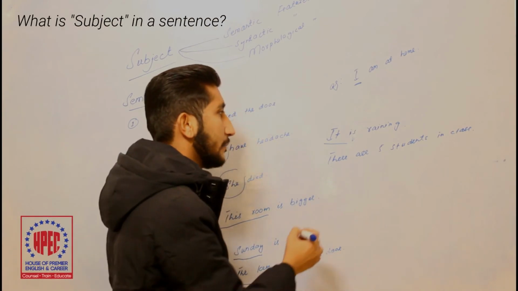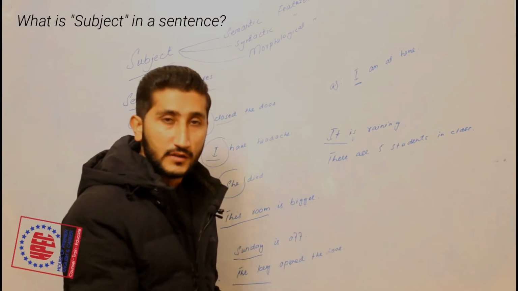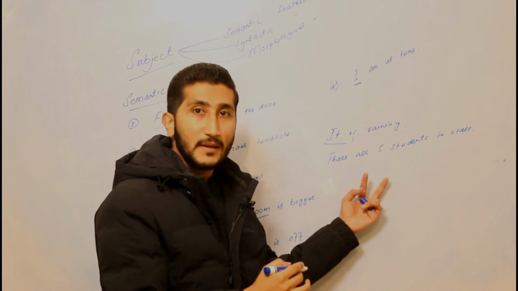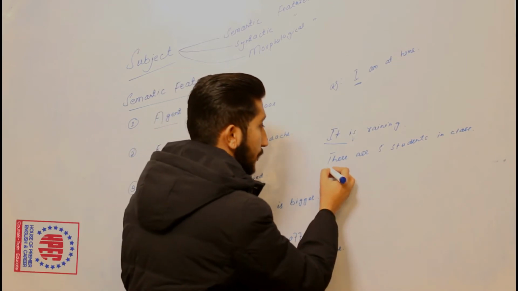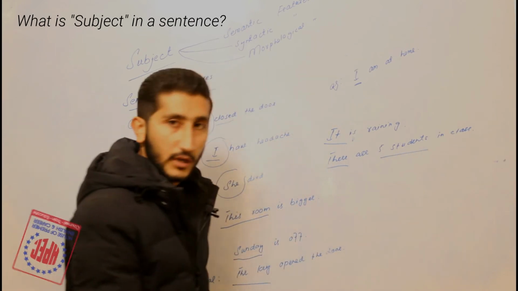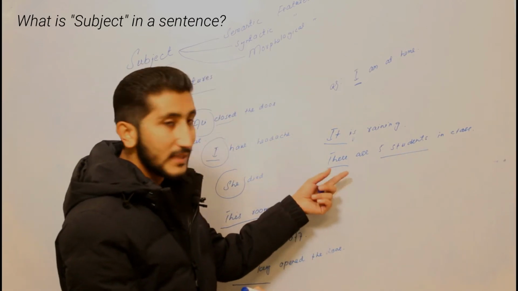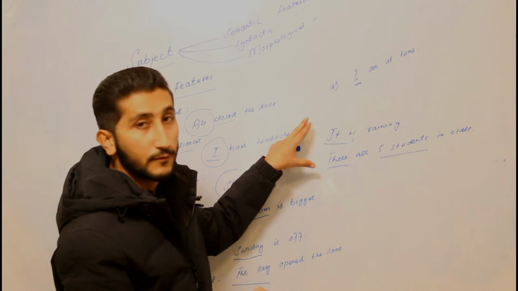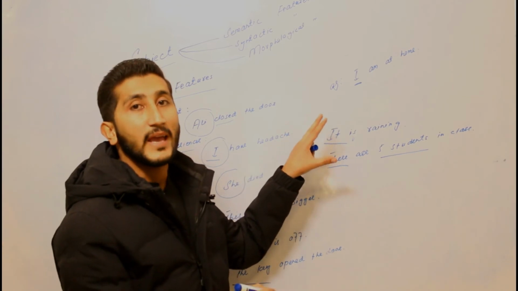In the second example, there are 5 students. Now there are 2 subjects in this sentence. First one is there and second one is 5 students. Now there in the second example and it in the first example do not give any meaning.